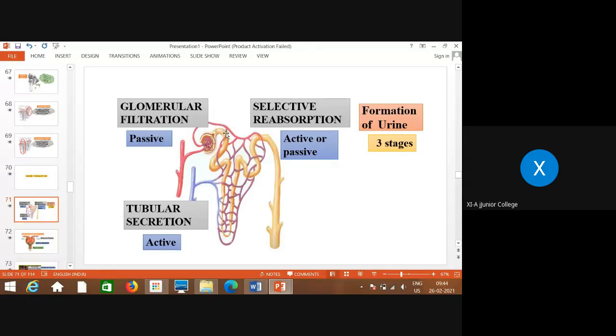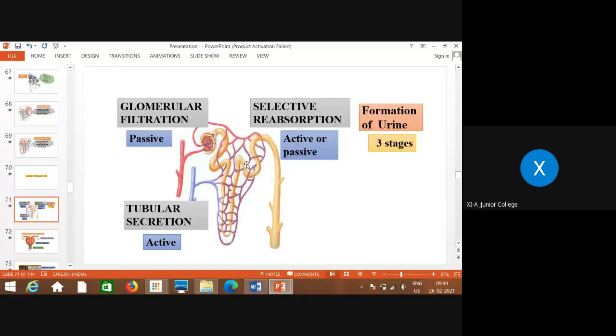That is the first region. Then this extends, forming a hairpin or U-turn like structure, called the loop of Henle, with two oppositely directed limbs: the downwardly directed, that is the descending limb, and the upwardly directed, that is the ascending limb.